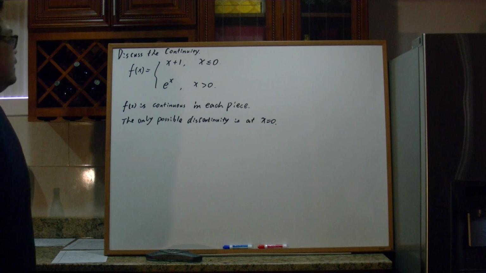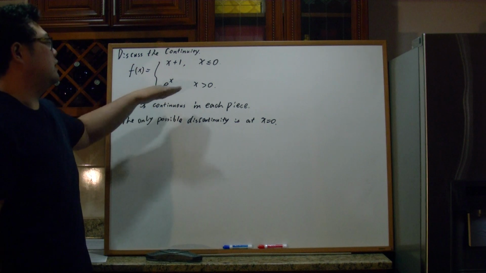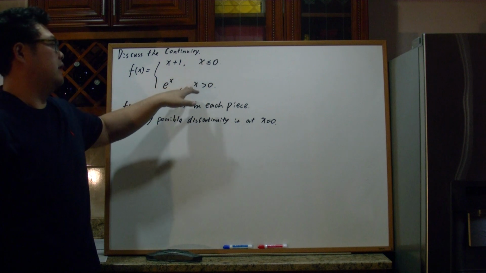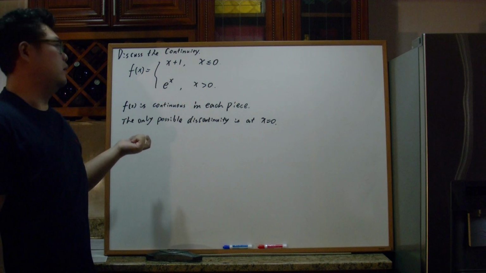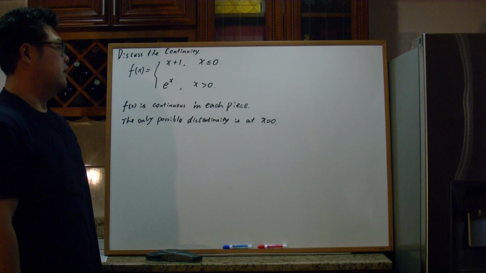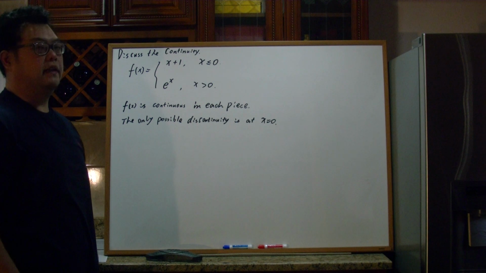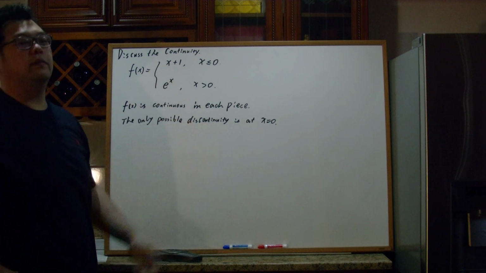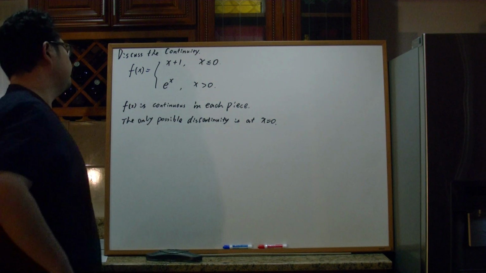That makes sense. Each piece should be continuous, then the only discontinuity will occur at the breaking point. So we do not know yet if we have a continuity or a discontinuity here. So that is the only possible discontinuity.